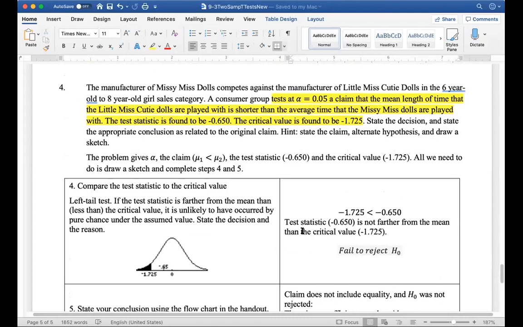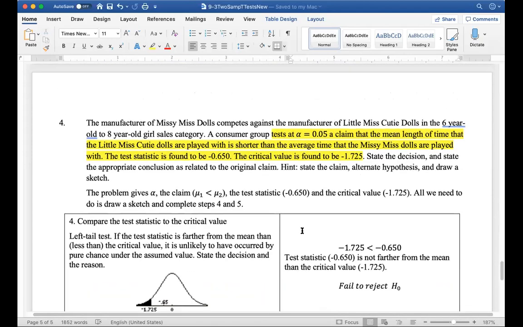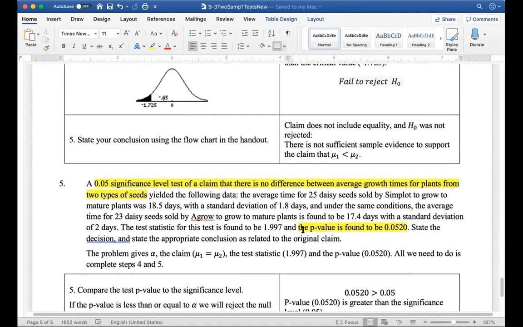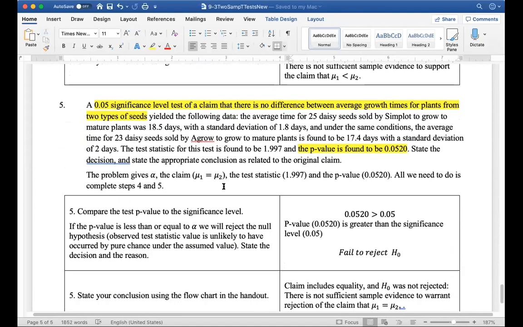Okay, so let's look at the last problem. And this one, we have a significance level of alpha, and the claim is that there's no difference between growth times for plants from two types of seeds, which means no difference means equal, so mu1 equals mu2 is the claim.